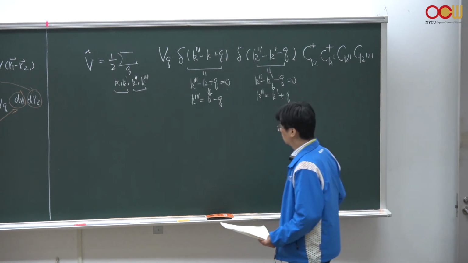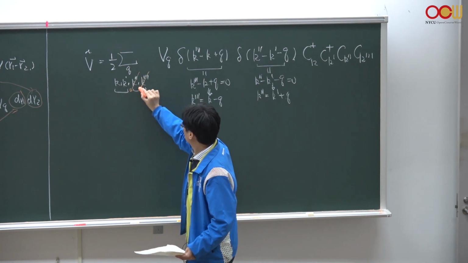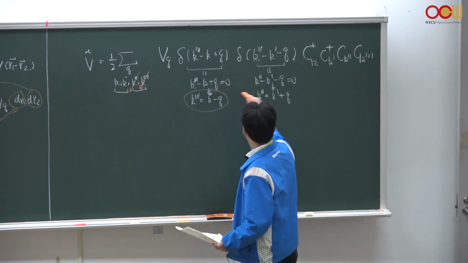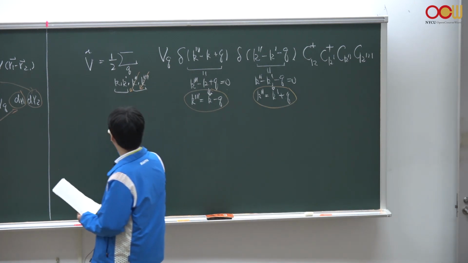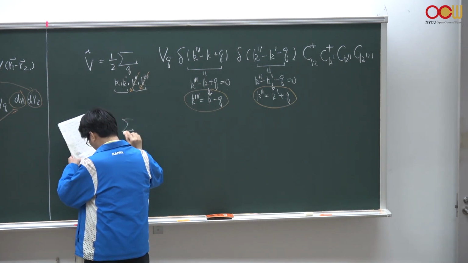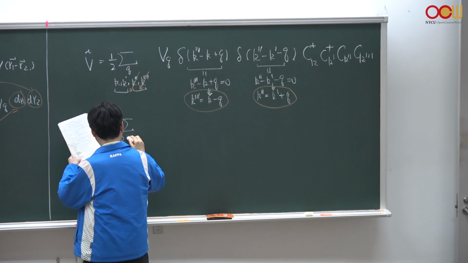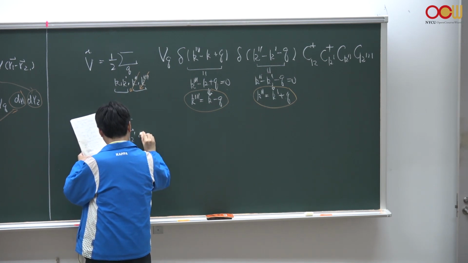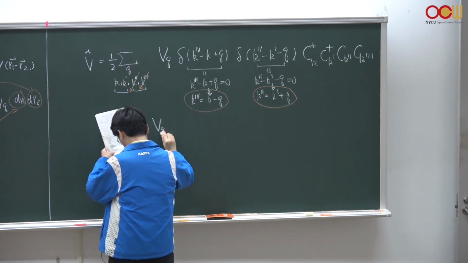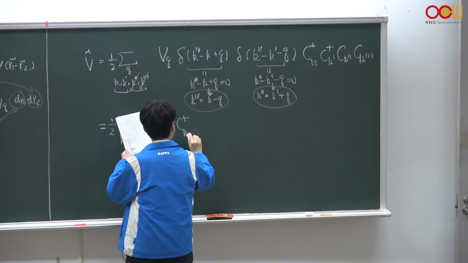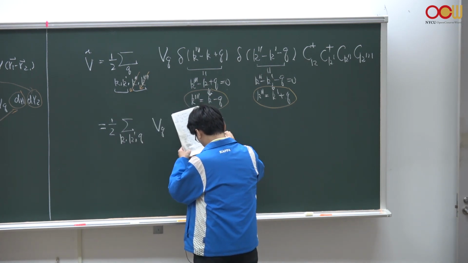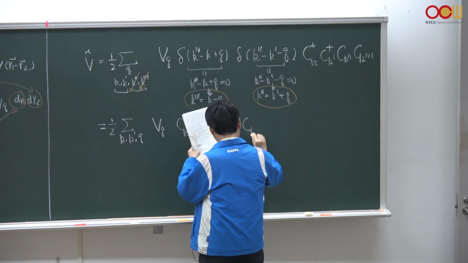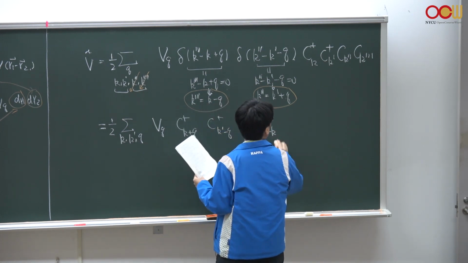All right, so therefore we could get rid of this 2 by substituting these identities. And we could simplify this K prime and Q, V of Q, C dagger K plus Q, and C dagger K prime minus Q, CK prime and CK.